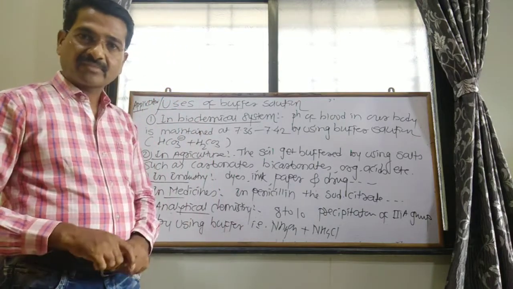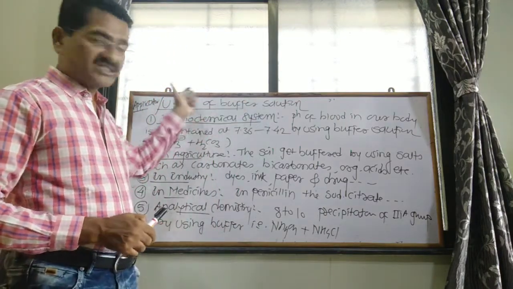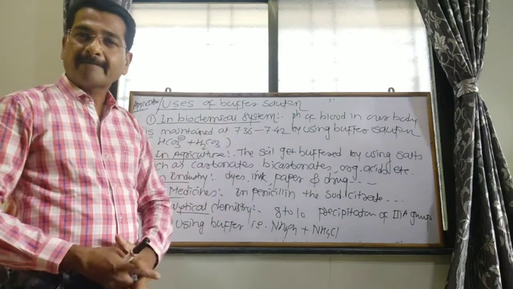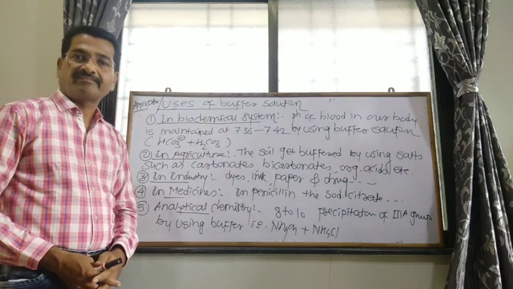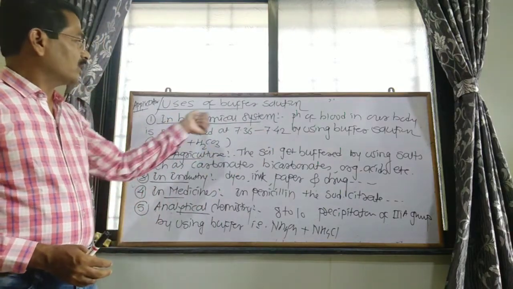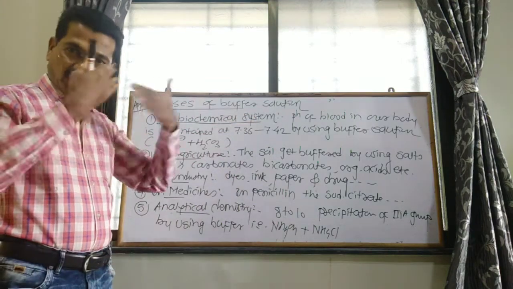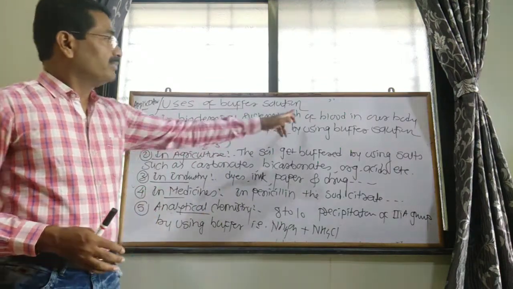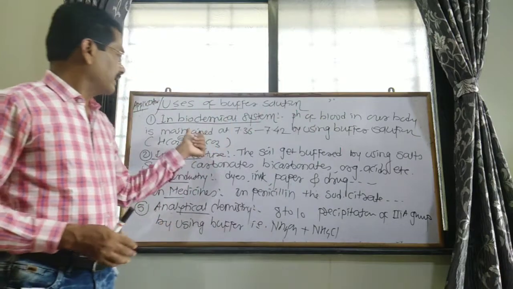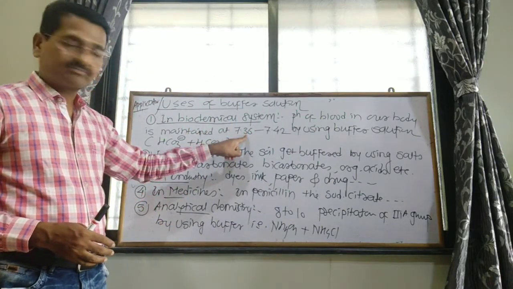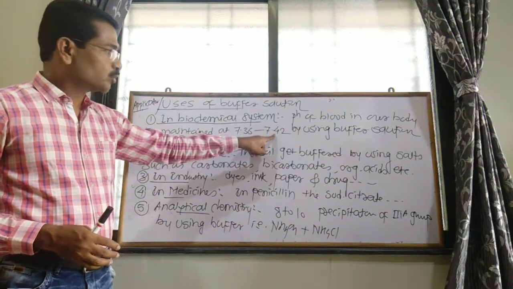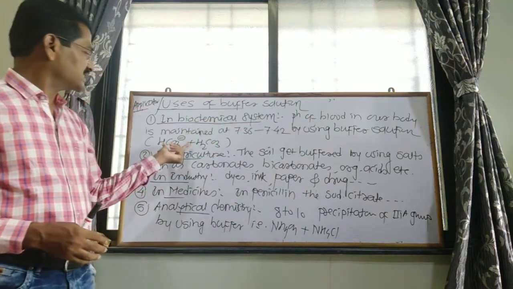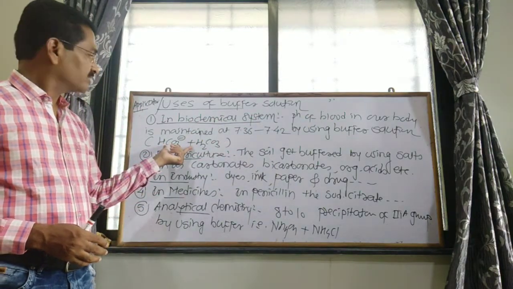See again, uses or applications of buffer. Buffer is used for different purposes. First, in the biochemical system in our body, the pH of blood can be maintained at 7.36 to 7.42 by using a buffer solution such as this mixture.